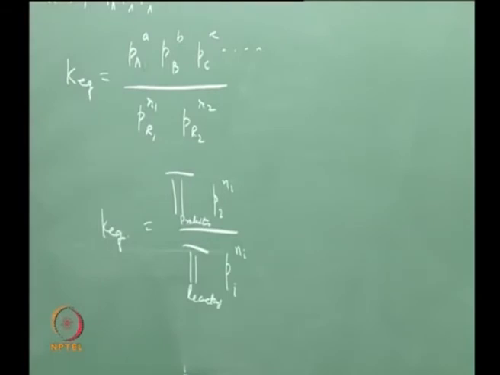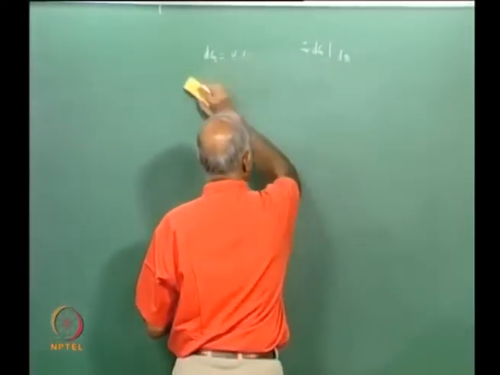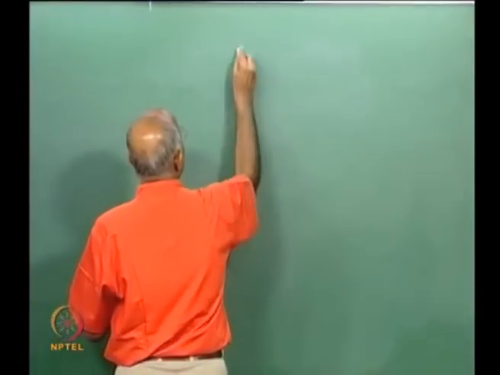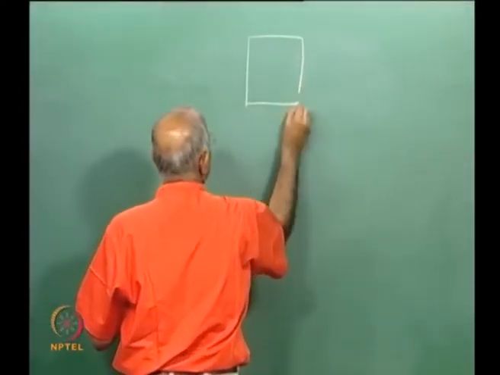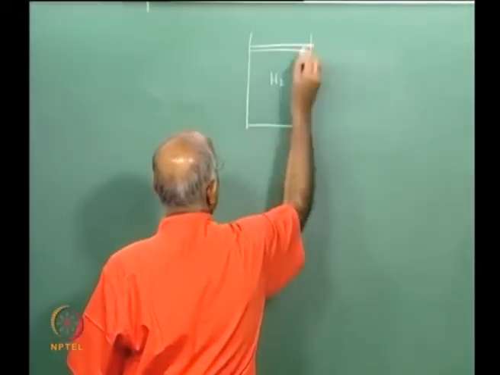Now I just want to spend another 2 minutes on what decides this. See, we have still not analyzed our problem, and what was the problem we were considering as an example? We were considering the problem of hydrogen enclosed in a particular volume at constant pressure, that means a freely floating piston.